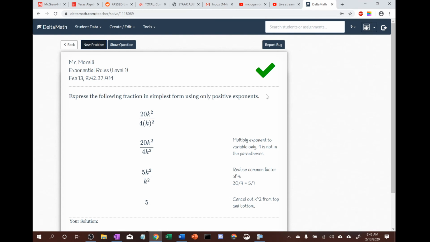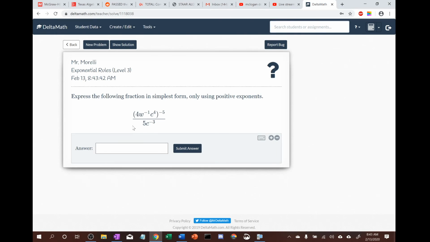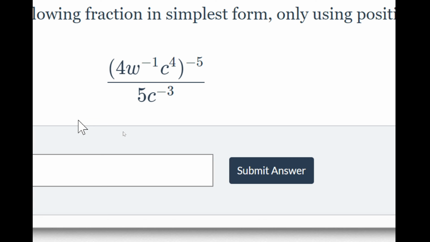Wait, let's do another one, okay? How about Exponent Rules level 3? Oh, snap. Hey, this is the homework I want you to do tonight. Okay? I'm going to hop on live stream.